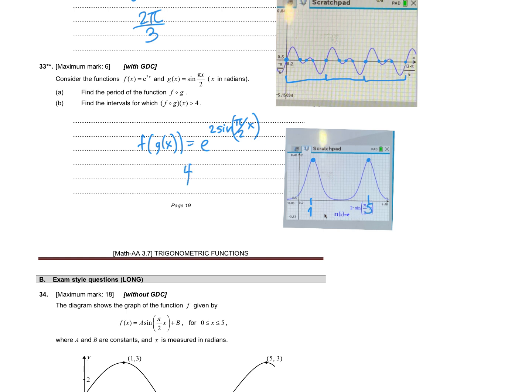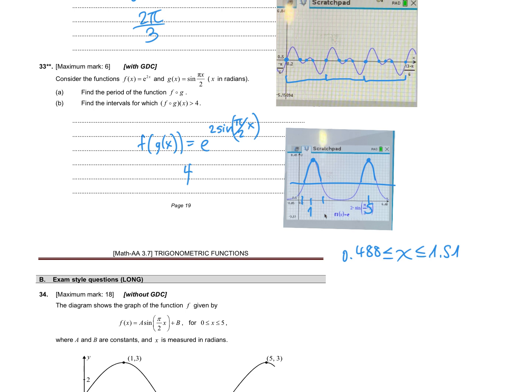Find the intervals for which f of g is greater than 4, so we need to put in 4. So if this is 4, we want here and here, so we need all 4 of those intersections. So we've got from 0.488 to 1.51.